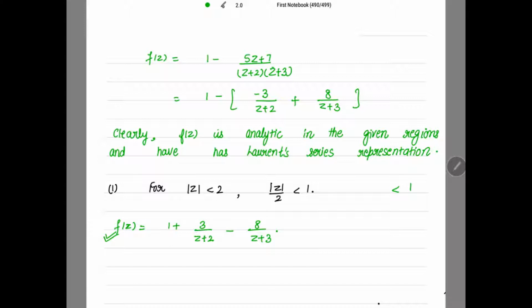Should I take 2 in the denominator of |z|, or |z| in the denominator of 2? Because I need less than 1, it's better we take 2 in the denominator so that I get |z/2| < 1, right?